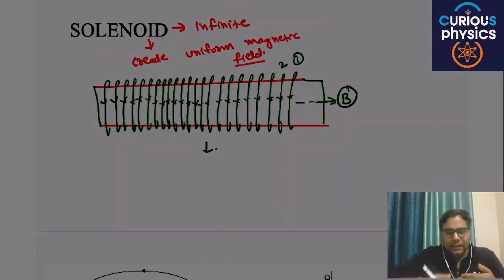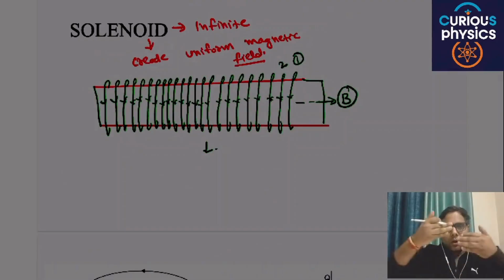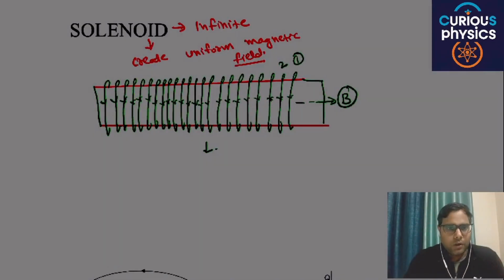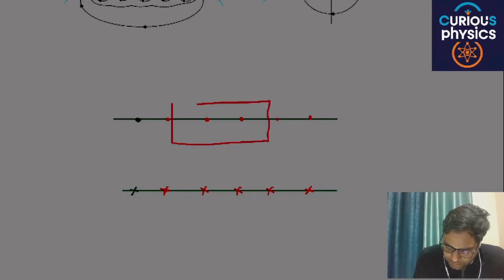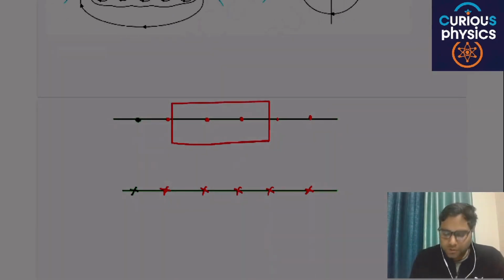We have cut this solenoid along the vertical plane, and let's say we take an amperian loop.